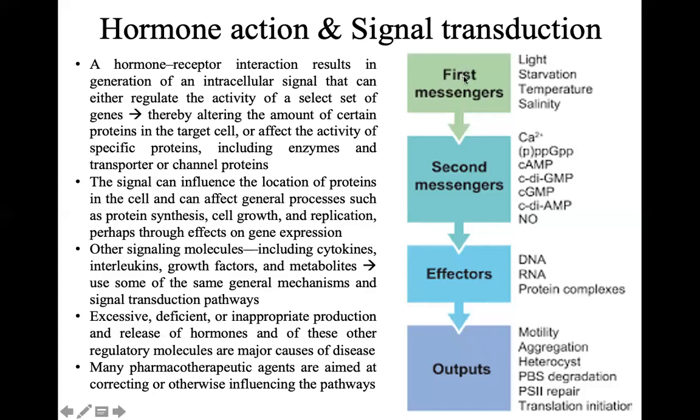Excessive or deficient or inappropriate production and release of hormones and the regulatory molecules are the major causes of disease. Okay, if you have overstimulation of certain hormones, for example, the thyroid is producing more T4 and T3, then you might have hyperthyroidism. Okay, if you're lacking the hormone inside your blood, you're having hypothyroidism.